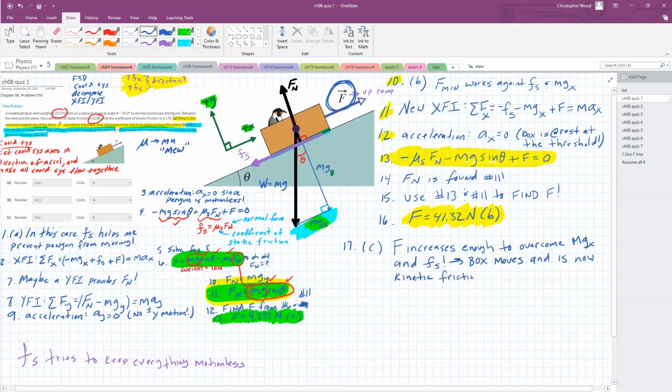Now the box is moving up the ramp, and it's subjected to kinetic friction, F sub K. And F sub K, which you should already have written down in your green sheets, is mu sub K times F sub N. Notice the similarity between F sub K and F sub S. F sub S is mu sub S times F sub N, and this is F sub K.